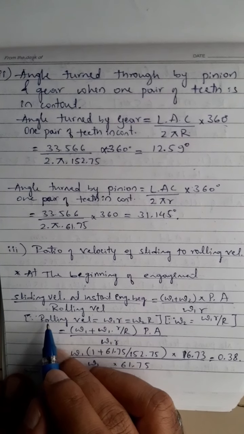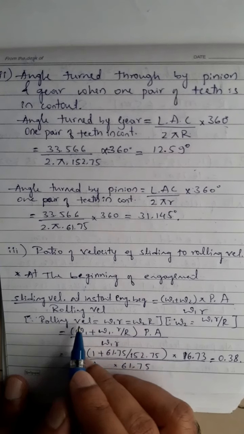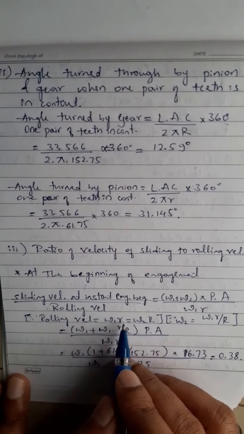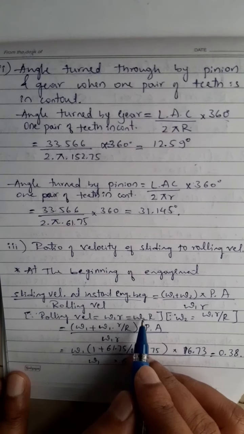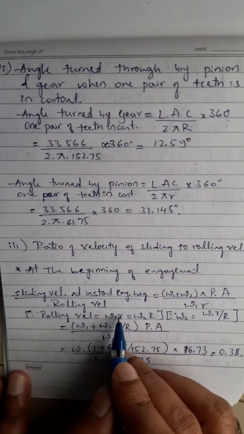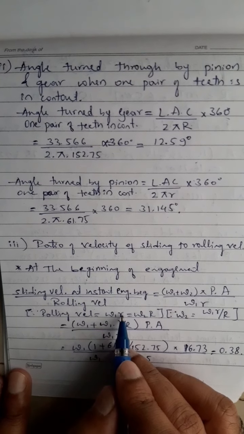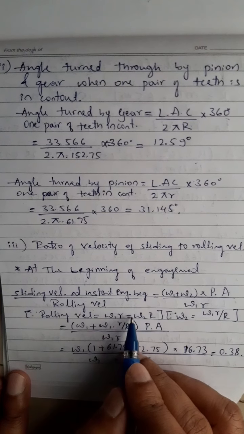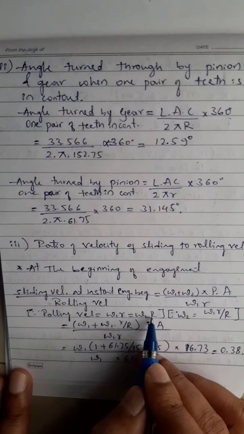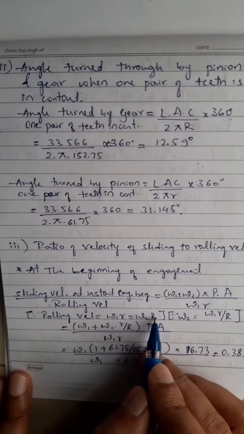Here one thing we should know: rolling velocity is equal to omega 1 into r, which is equal to omega 2 into R. This is the angular velocity of the pinion into the pitch circle radius of the pinion, equal to the angular velocity of the gear into the pitch circle radius of the gear.